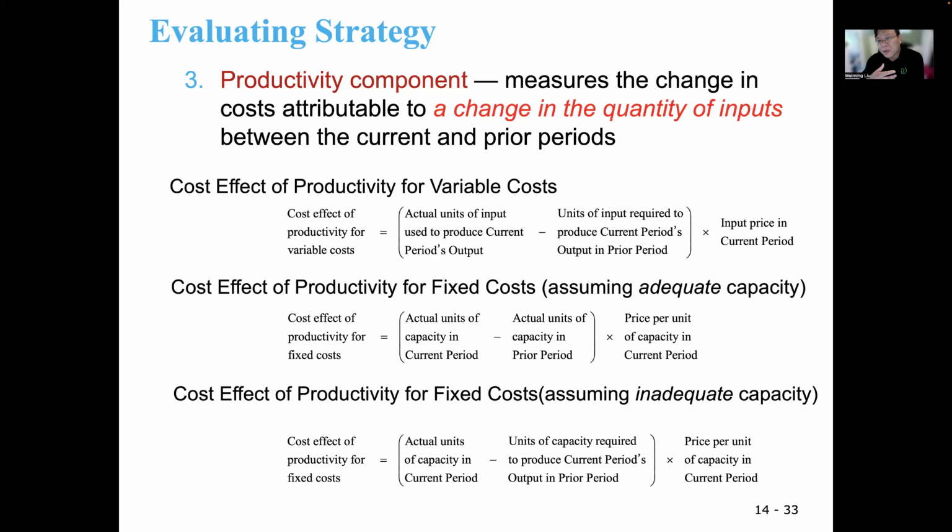Are you using the actual units, or the units that would be required to produce current output in the prior period? Maybe it takes a little bit of practice, do a few questions to get your mind around what these formulas mean.